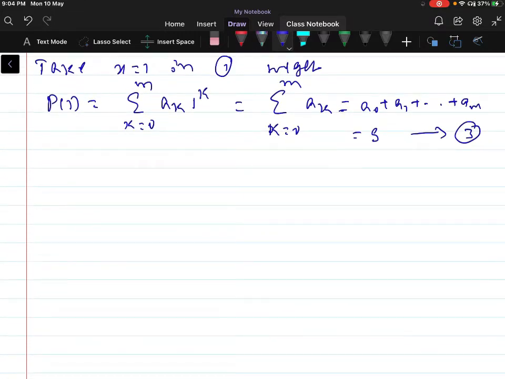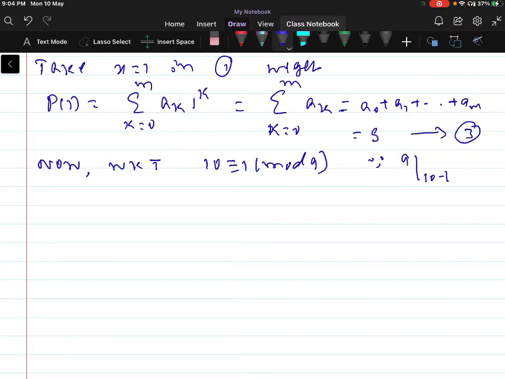Now we know that 10 is congruent to 1 modulo 9, since 9 divides 10 minus 1.